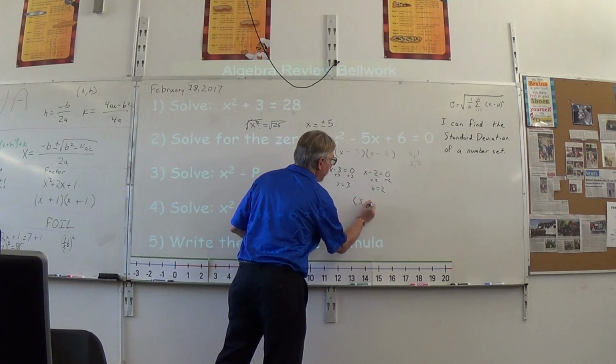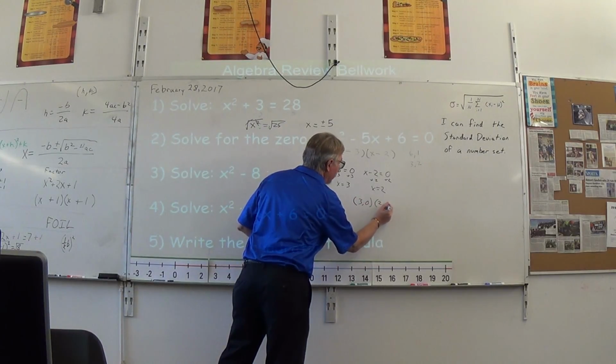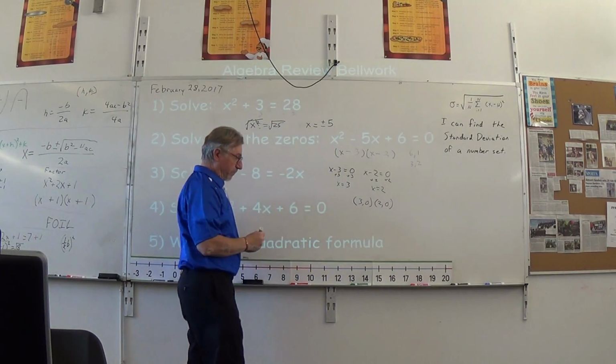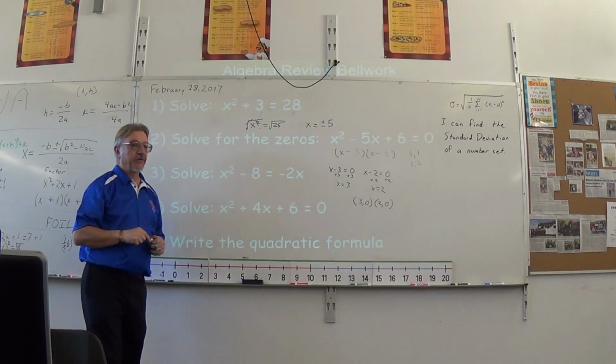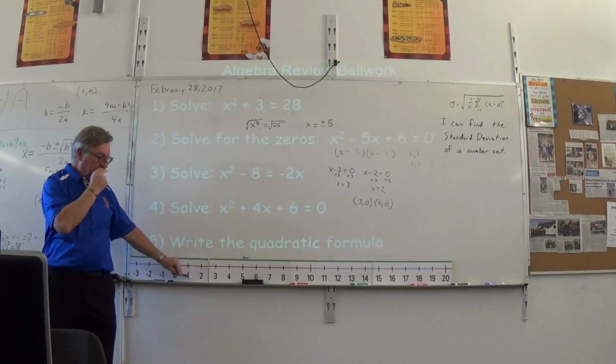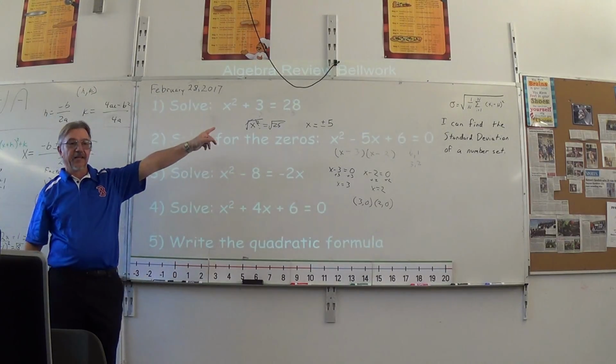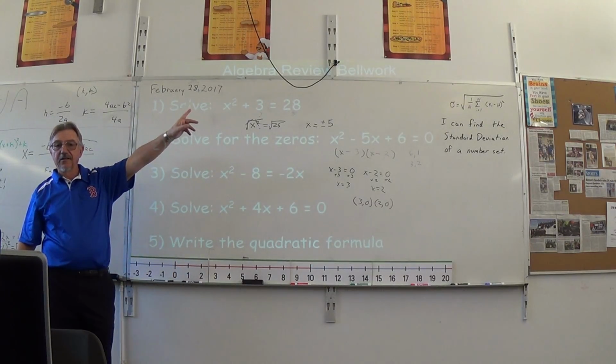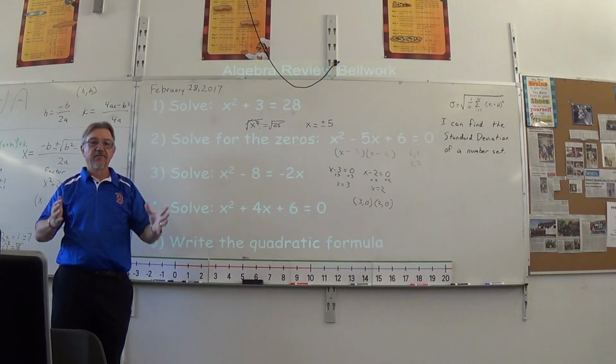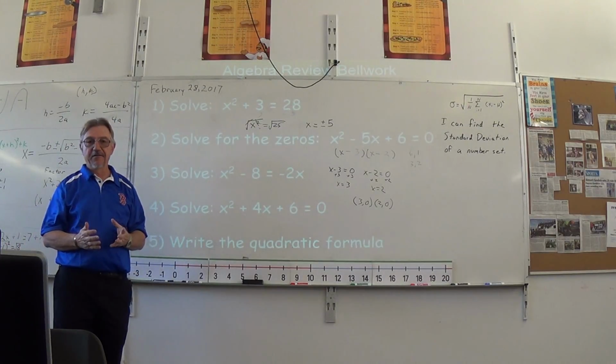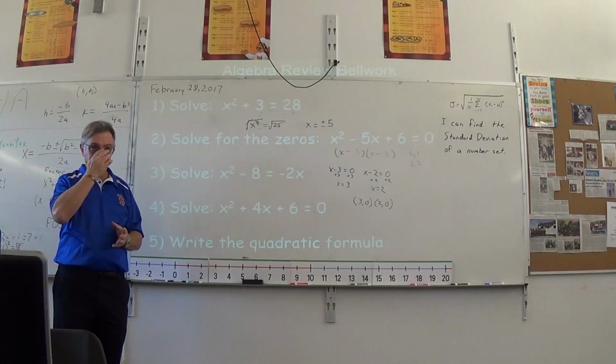Or 3, 0, and 2, 0. If I was going to graph this equation, what figure would I have on my graph paper?